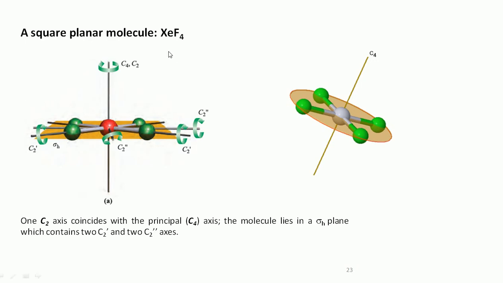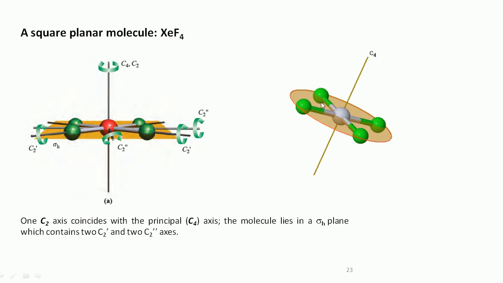And you see this XeF4 molecule, you have a C4 axis and C2 axes here, which we have discussed in the previous class. And we have two kinds of C2 axes, two sets of C2 axes. The first set is passing through the platinum, xenon, fluorine, fluorine, xenon, fluorine, fluorine.